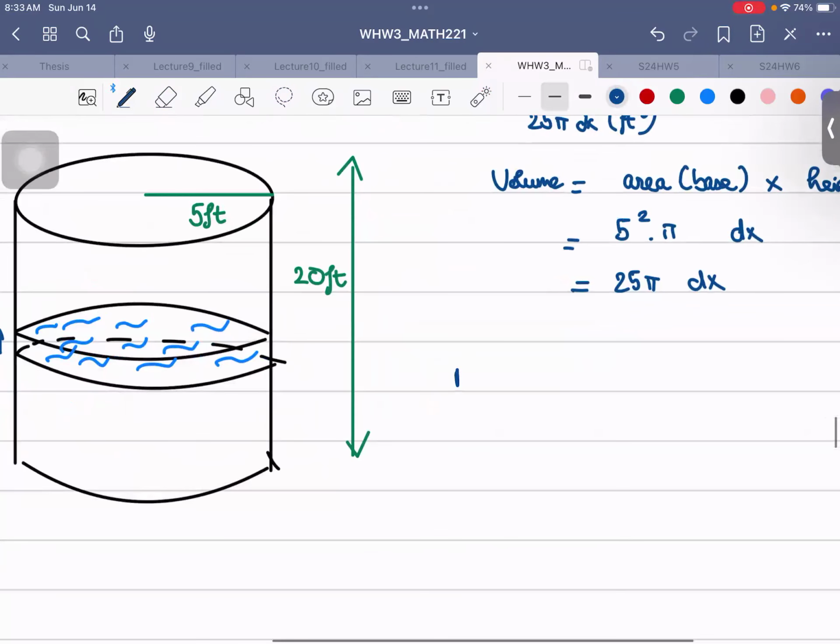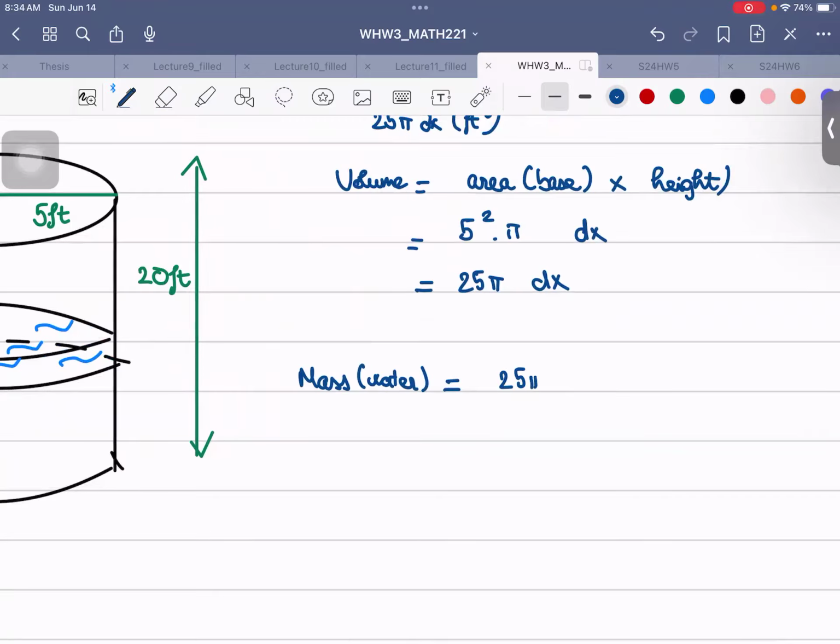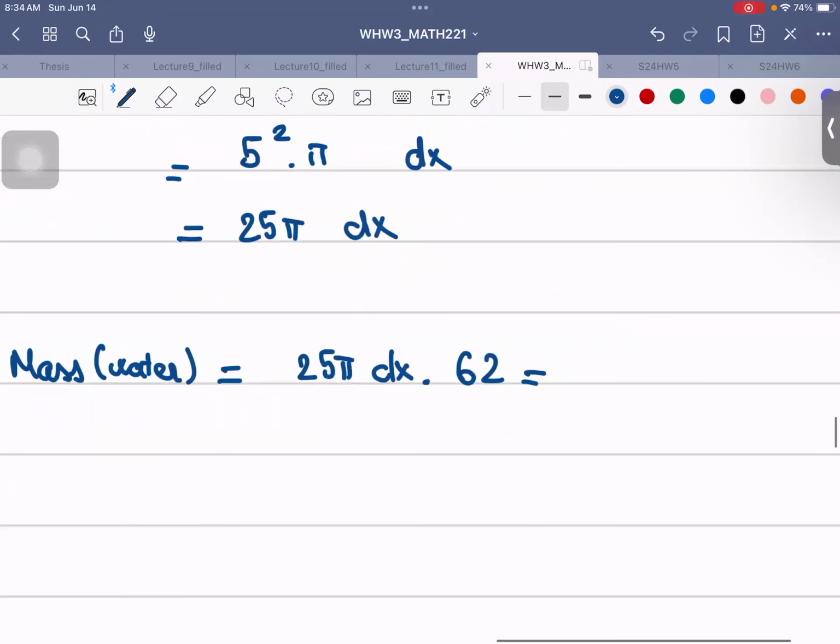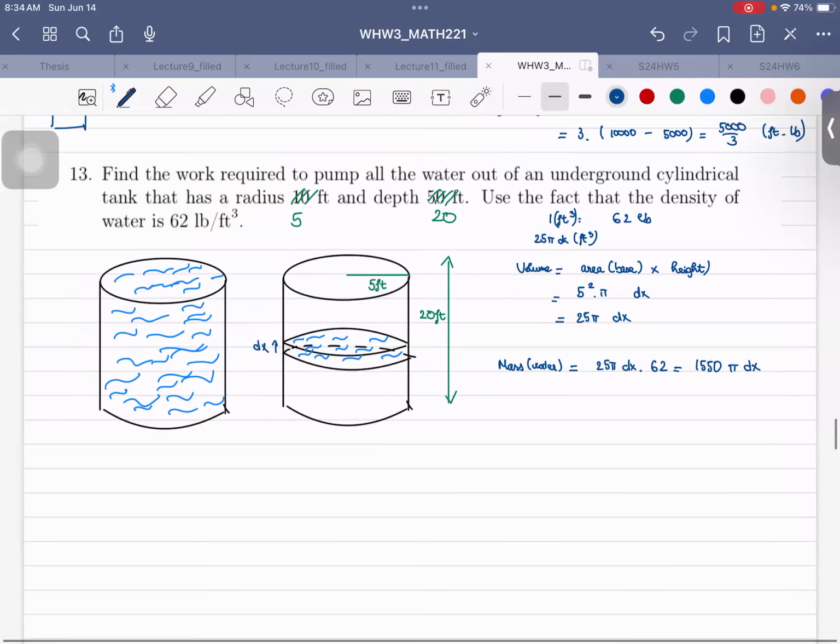So the weight of the water is 25 pi dx times 62. 25 times 62 gives you 1550 pi dx. Let me explain this again.